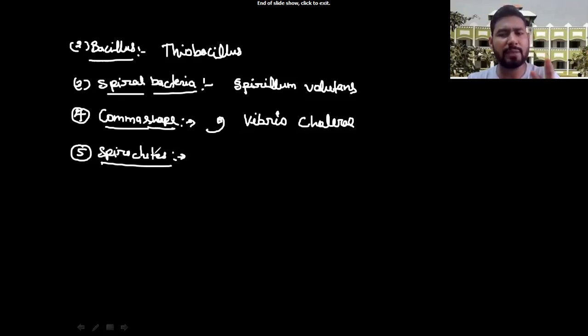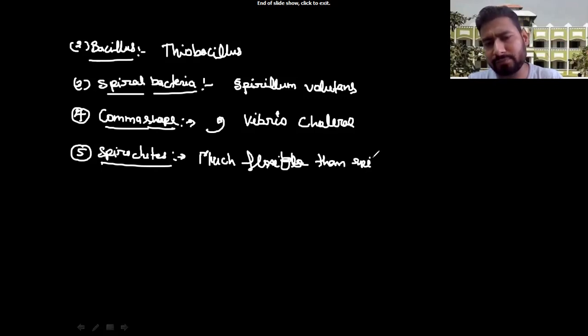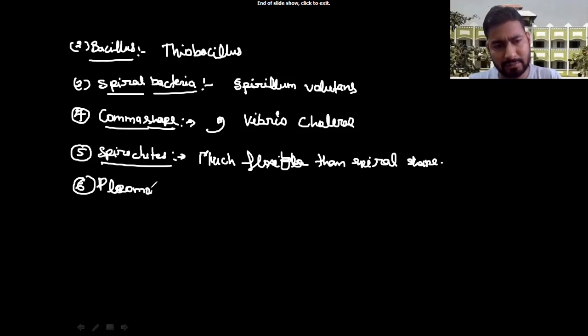I told you the shapes of spiral and spirochetes are both similar, but the length of spirochetes is bigger, and spirochetes are much more flexible than spiral-shaped bacteria. Sixth, the last one, is pleomorphic bacteria.